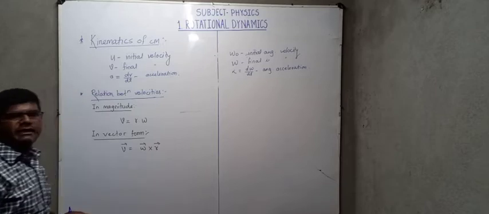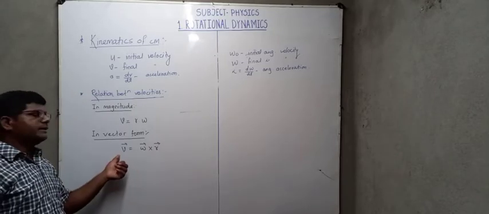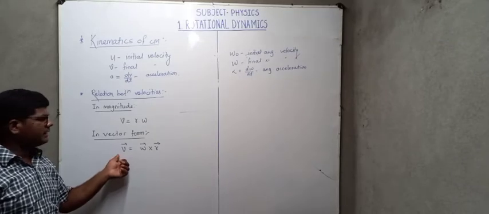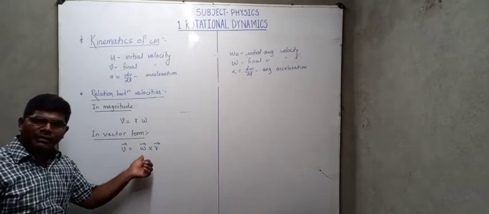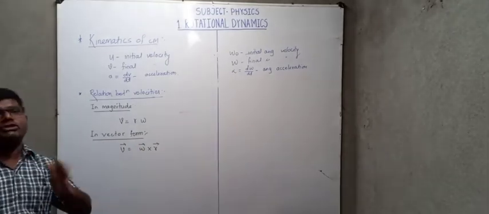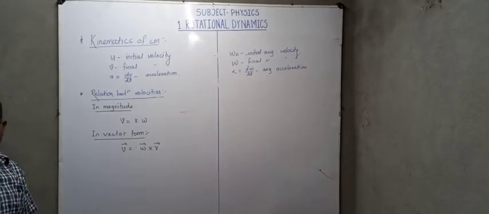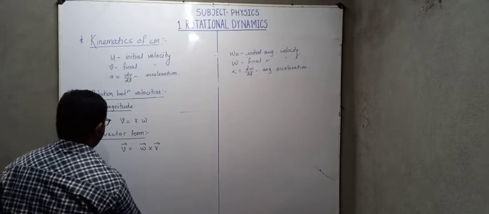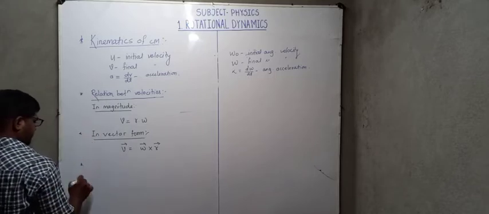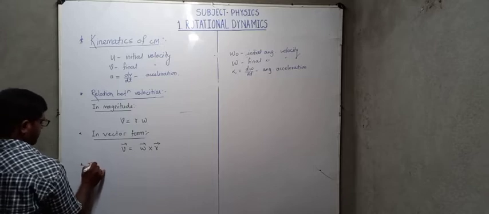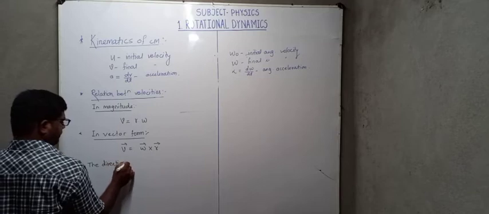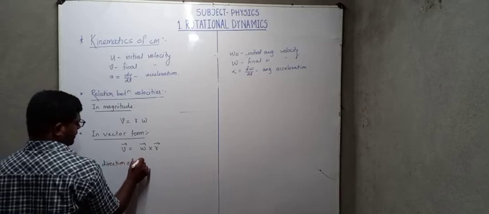See, here V bar is the direction of linear velocity vector, omega bar is the direction of angular velocity vector, and R bar is the position vector. Now, the direction of omega bar.